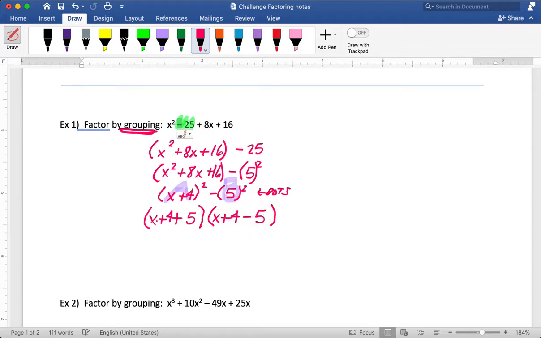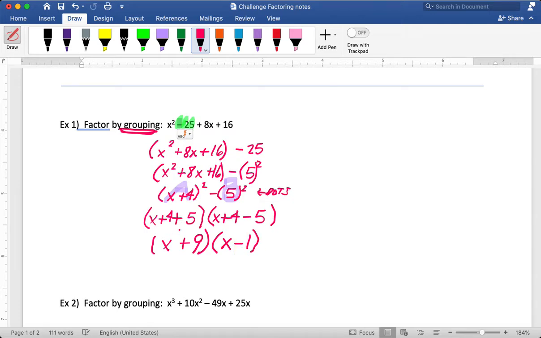Now, you might think you're done here, but you're not, because you have to combine like terms in the grouping. x plus 4 plus 5 is really x plus 9. I don't know why this pen writer's acting up, but it is. Sorry. And then x plus 4 minus 5 is x minus 1.